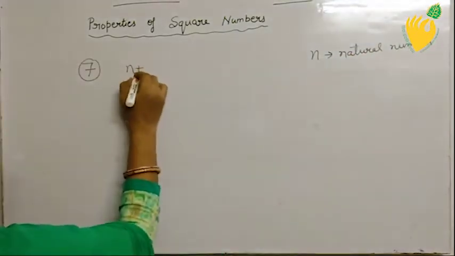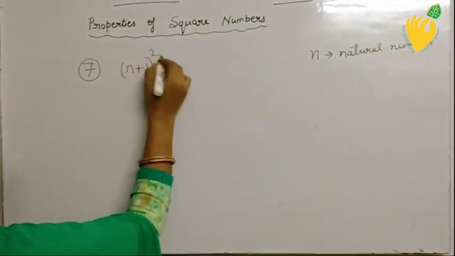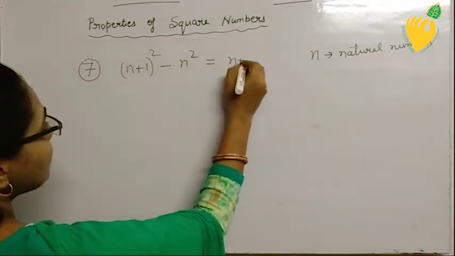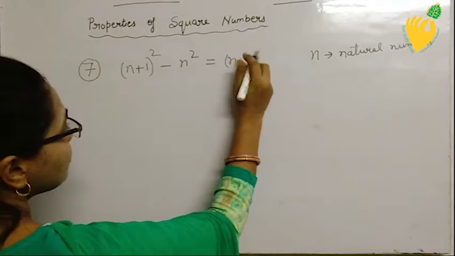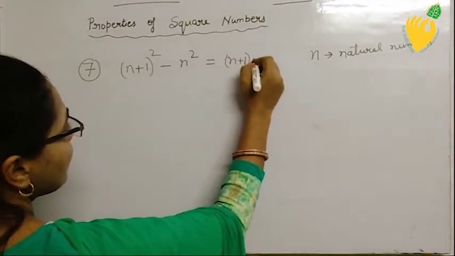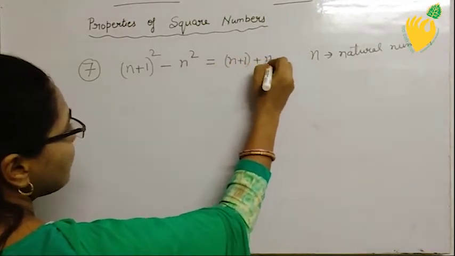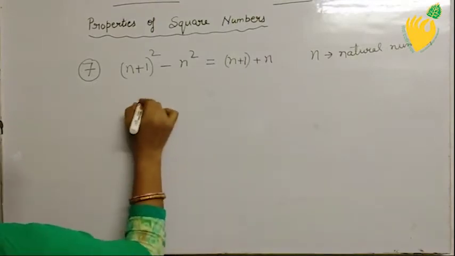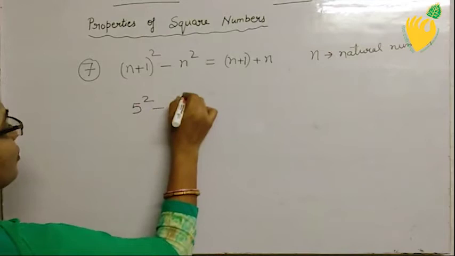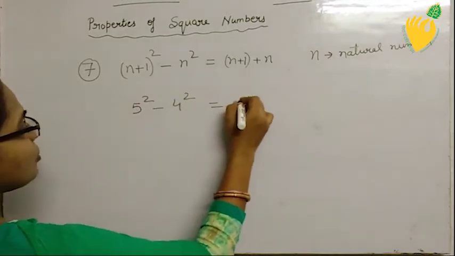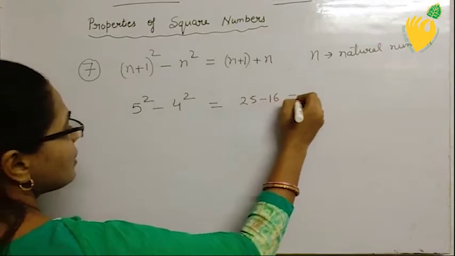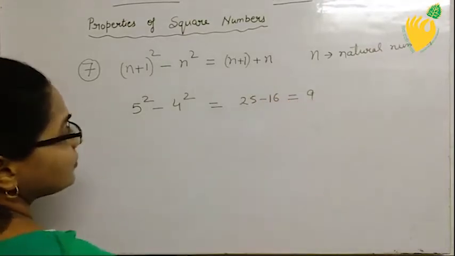Then we can easily say that (n plus 1) square minus n square is equal to n plus 1, that is the first natural number, plus n. See example. Suppose 5 square minus 4 square is equal to 25 minus 16 is equal to 9.